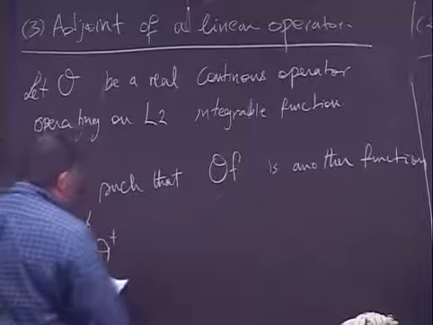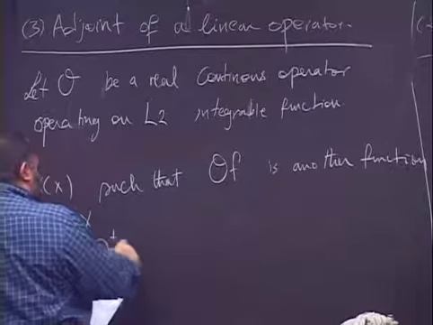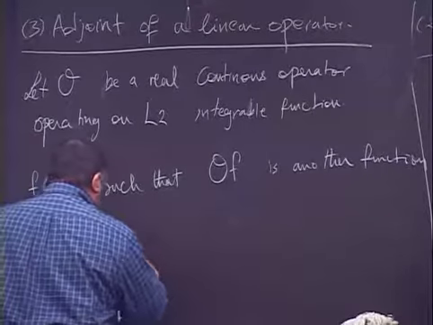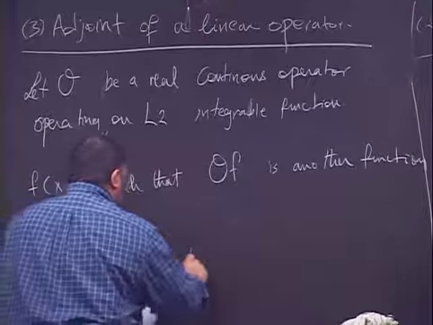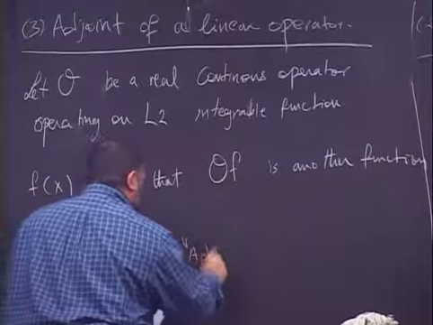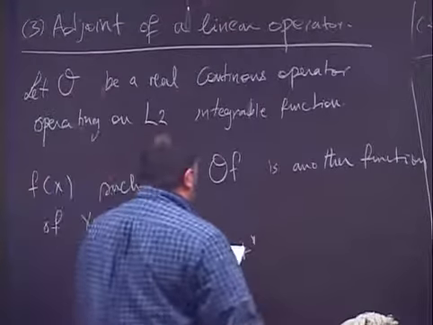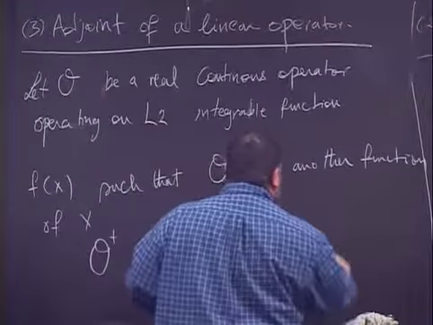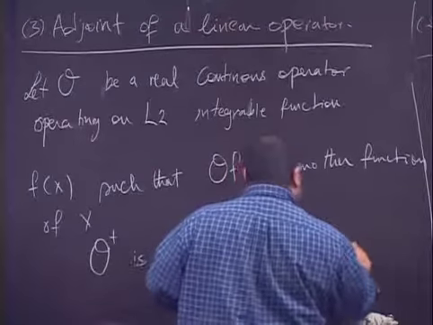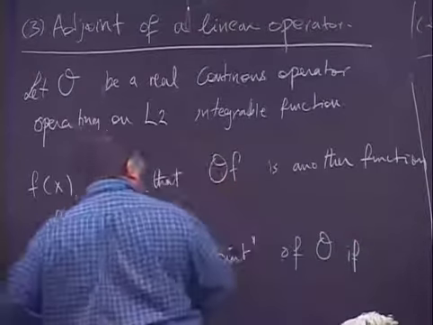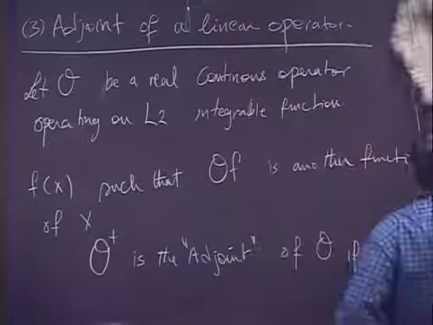O dagger is the adjoint of the operator O if the following relation is satisfied.